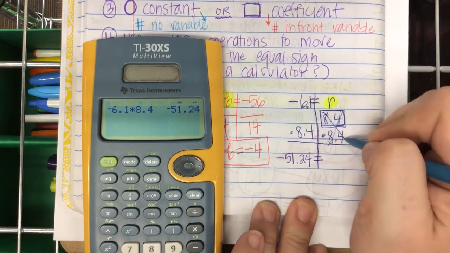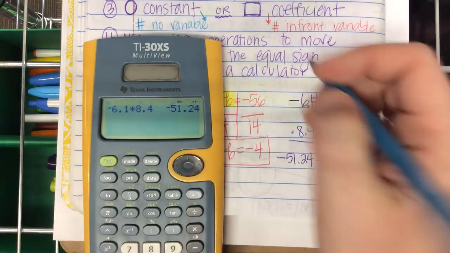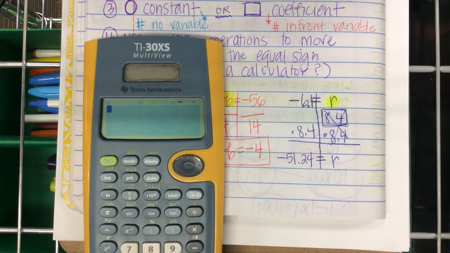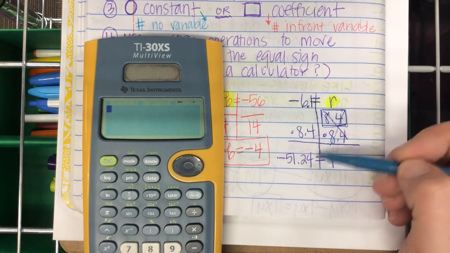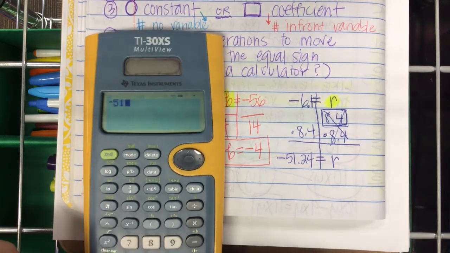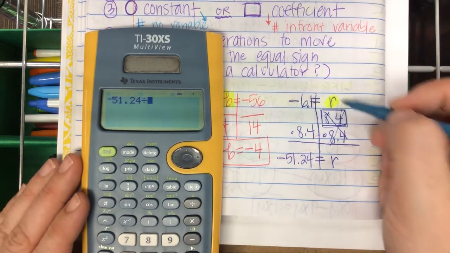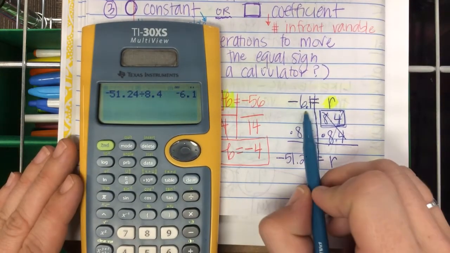Those canceled out because they're opposites of each other, right? Dividing by 8.4 is the opposite of multiplying by 8.4, so they go away and I'm left with R. I can check it. Instead of the letter R, I'm going to substitute negative 51.24 and divide by 8.4. Did it work?